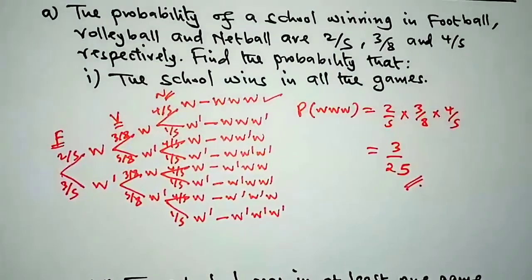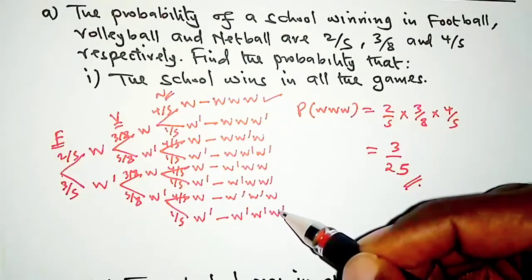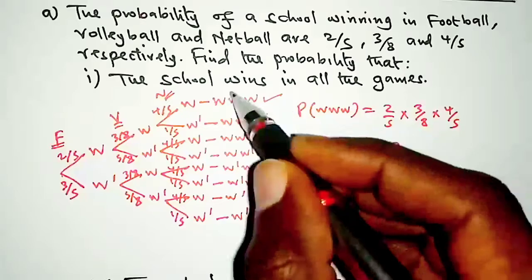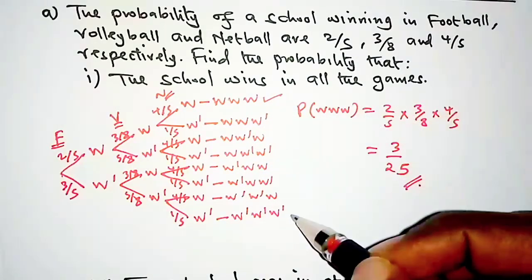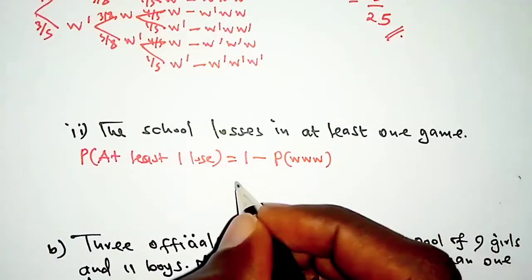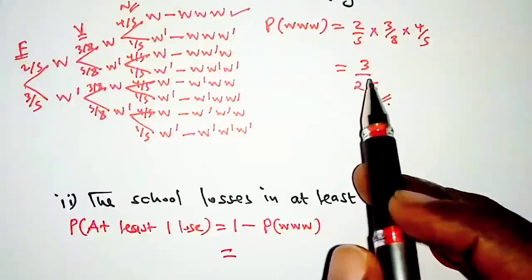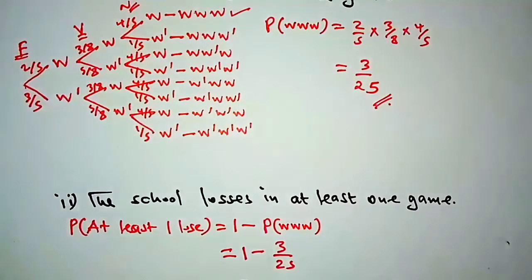Remember, the probability of losing in at least 1 game appears in all these except for this part. So we just take 1 minus this, and that will represent the probability of losing in at least 1 game. The probability of winning in all the games we'd already worked out here. We have 3/25, so we have 1 minus 3/25, and this should be 22/25.